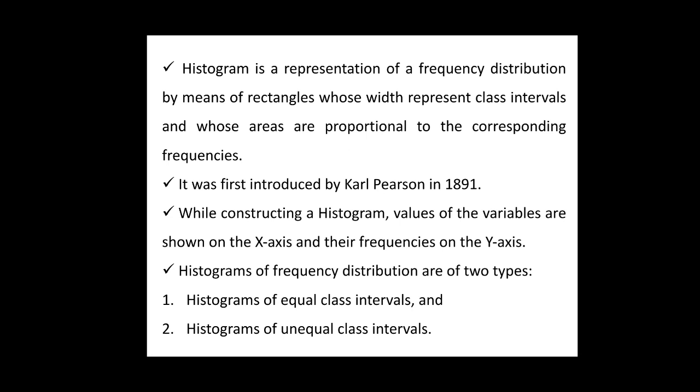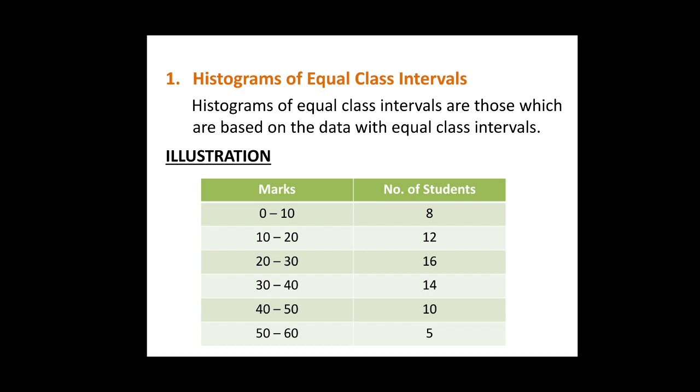There are two types of histograms. One, histograms of equal class intervals, and second, histograms of unequal class intervals. First, histograms of equal class intervals.